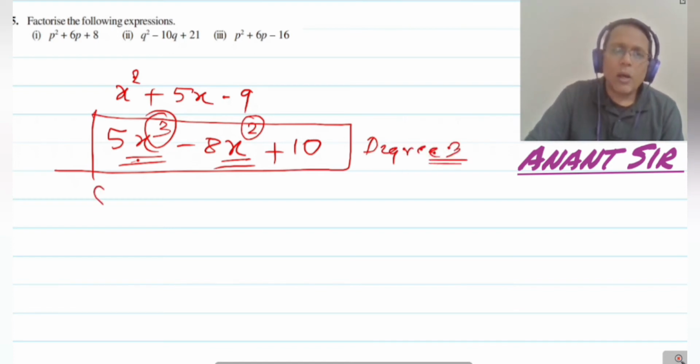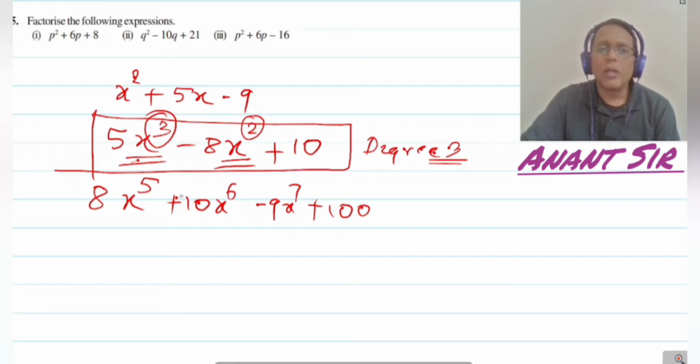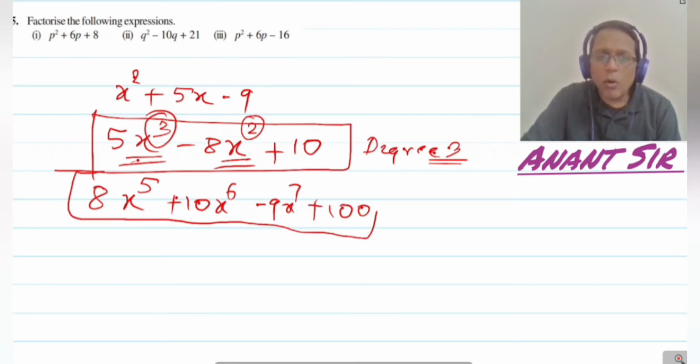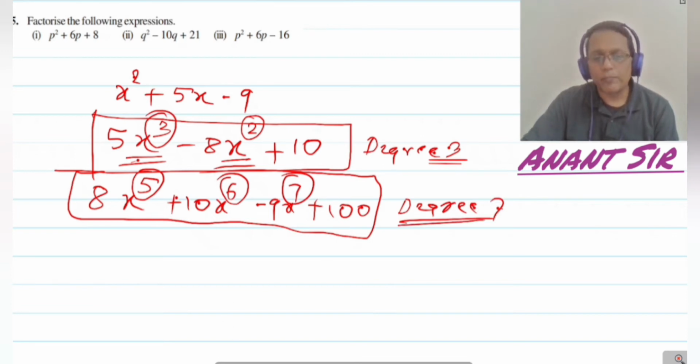Now the next one, 8x raised to 5 plus 10x raised to 6 minus 9x raised to 7 plus 100. Now in this polynomial, what is the highest power of the variable? It is 7. So we say that the degree of this polynomial is 7.